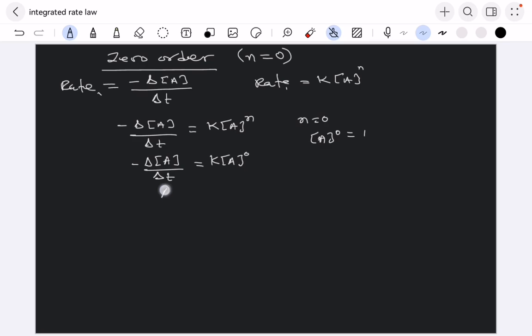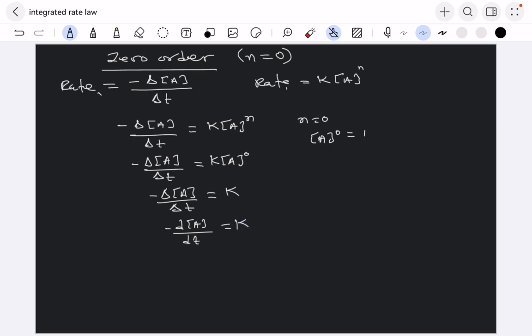Therefore, now changing these to differentials, this can be written as negative d[A]/dt is equal to k.